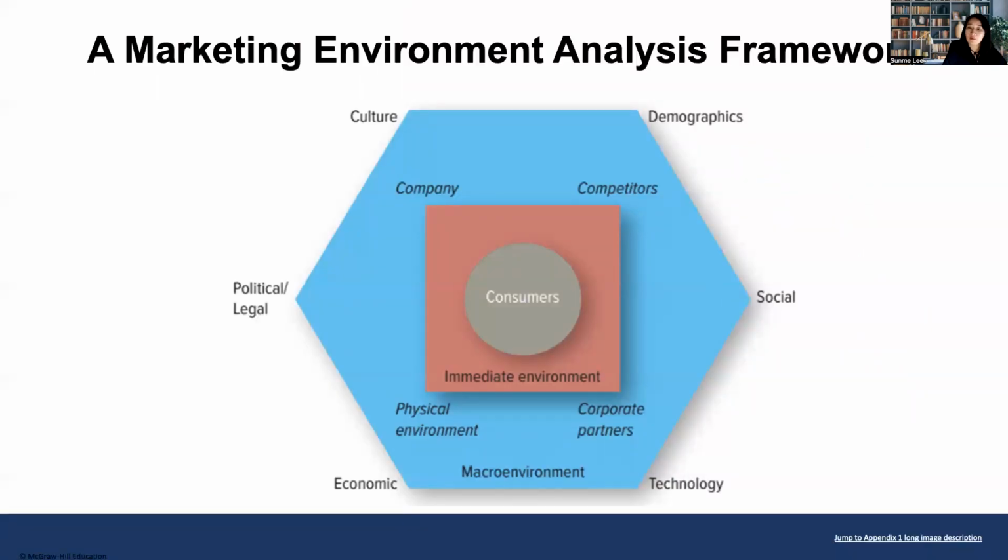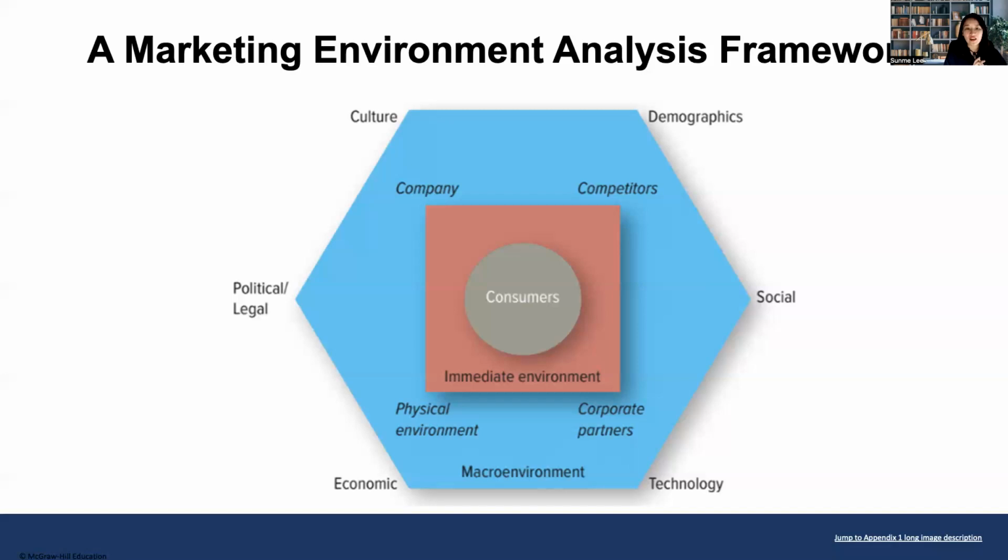So we are going to talk about the factors that affect the marketing environment. The centerpiece, as always, is consumers. Consumers may be influenced directly by the immediate actions of the focal company, and also the company's competitors, or the corporate partners that work with the firm to make and supply products and services to consumers.